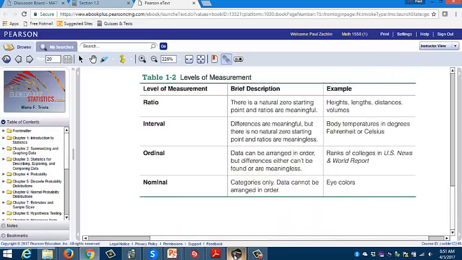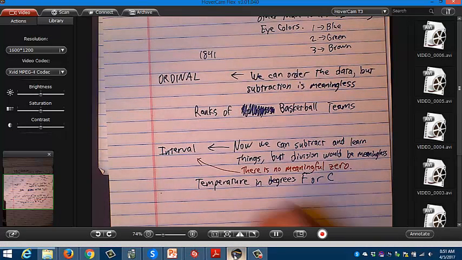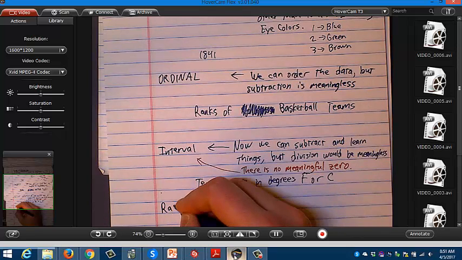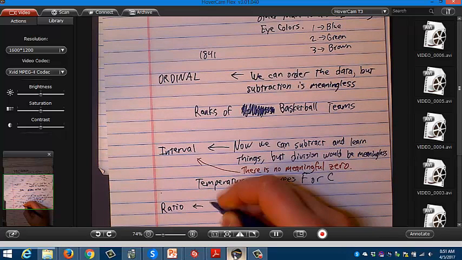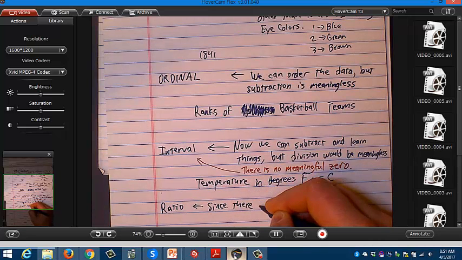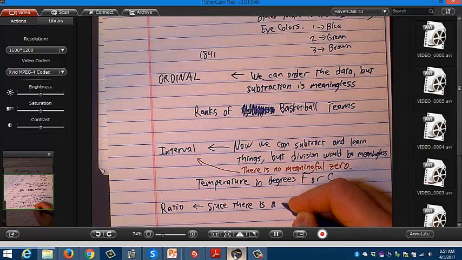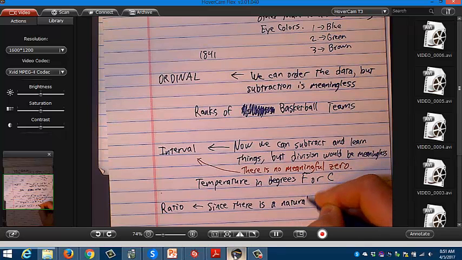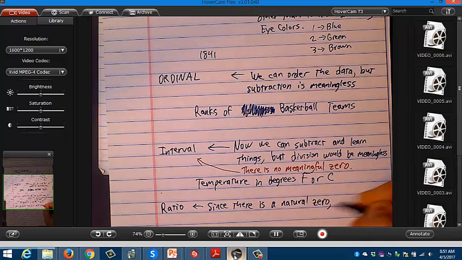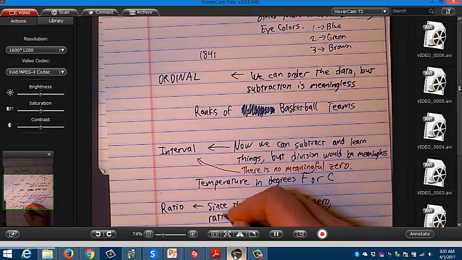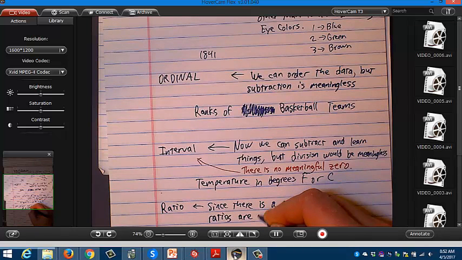And then the last one is ratio, the highest level of measurement. There is a natural zero starting point, and ratios are meaningful. So now, since there is a natural zero, ratios are meaningful.